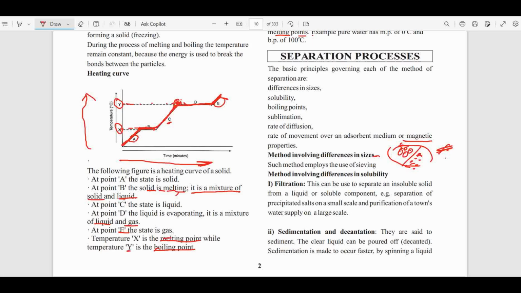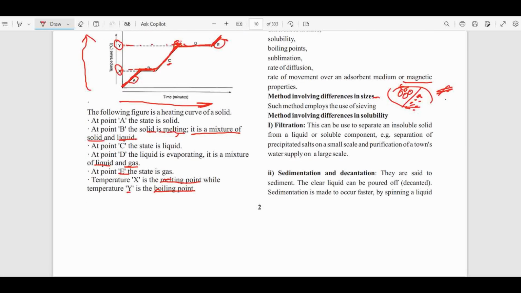It is important to understand how the different methods or principles of separation apply as a result of the differences in the properties of the constituents of the mixture.